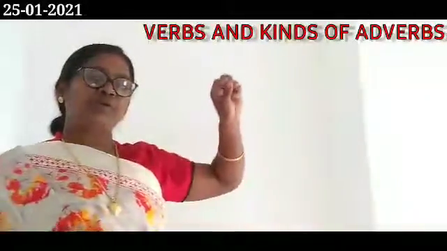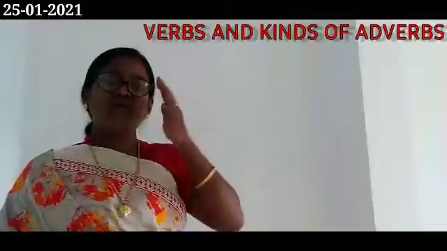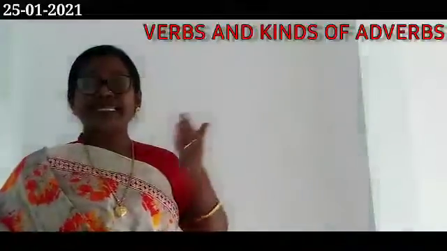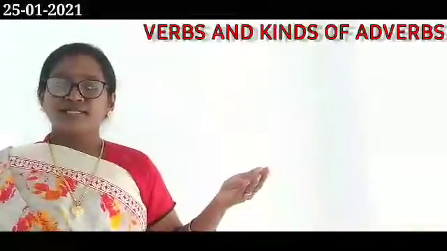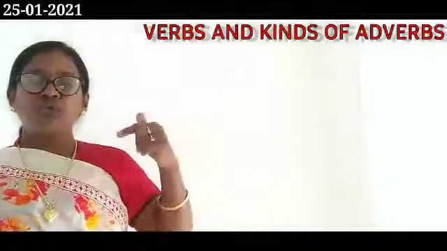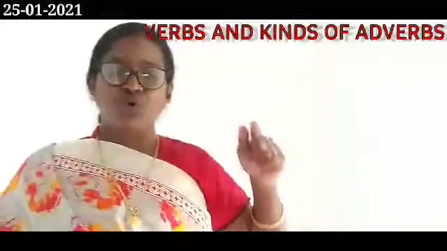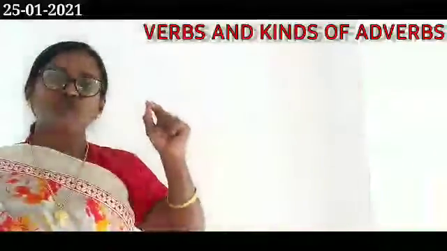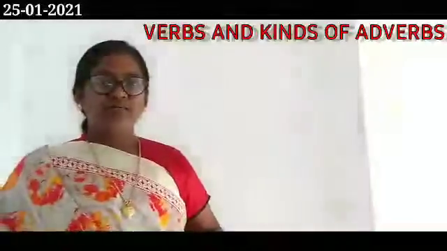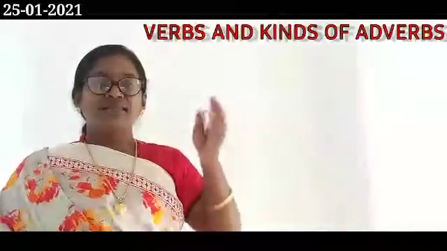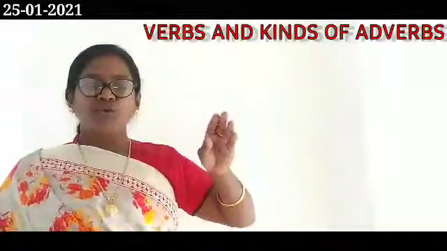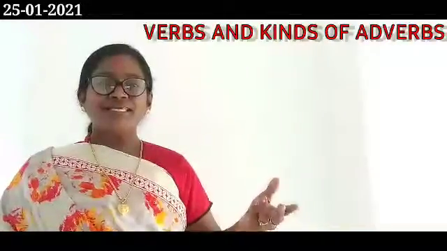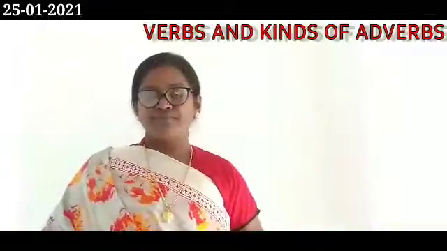He reads the newspaper daily. How often does he read the book? Daily he reads it. Understand? Tomorrow, I will come to you tomorrow at 6:30 a.m. So once, twice, never, ever, tomorrow, daily, frequently, weekly, monthly, these are all referring to time.